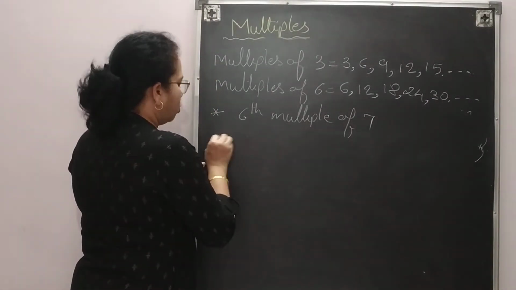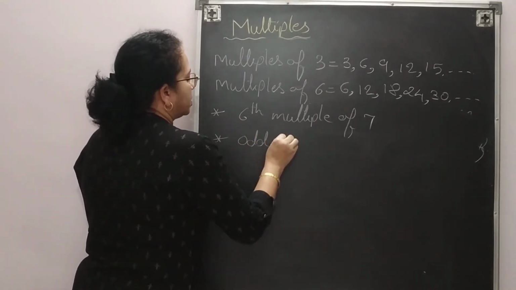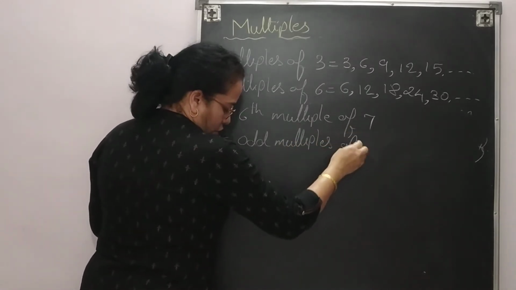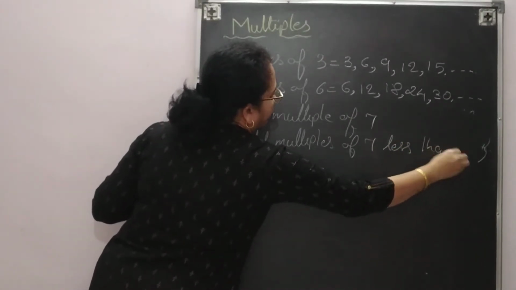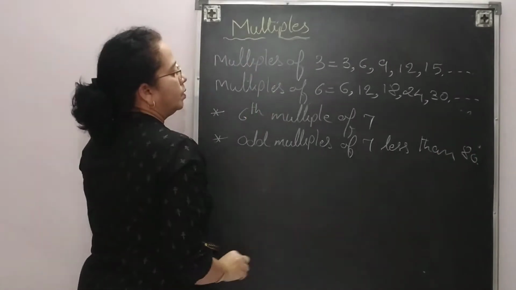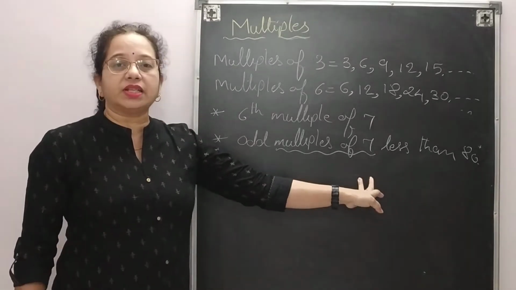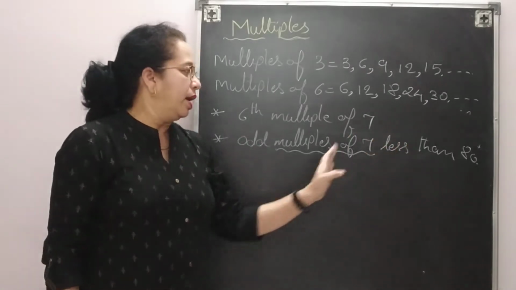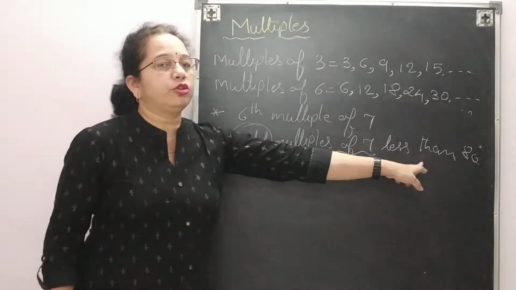Now one more type of question is there. Write odd multiples of 7 less than 80. Multiples of 7, what does it mean? You need to recite table of 7. Okay, one way is there. First you write down table of 7 and then we will find out which are the odd multiples that should be less than 80.